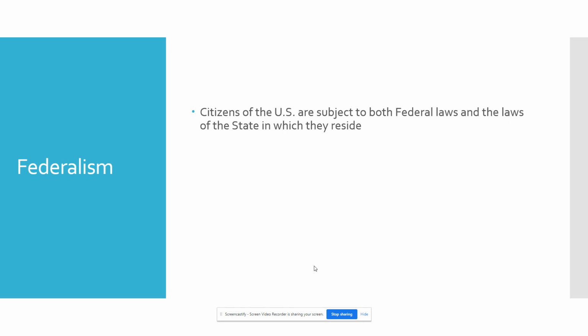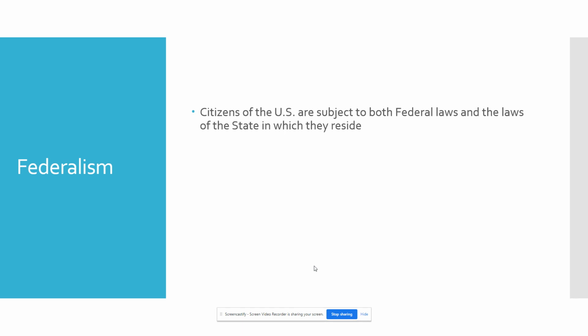The way our country came about, we were independent colonies, and we were sick of the British government telling us what to do. So we needed a centralized form of government, the federal government, but the colonies wanted to keep their independence, their mindset and their individuality.